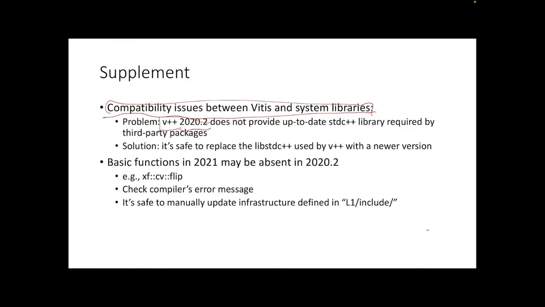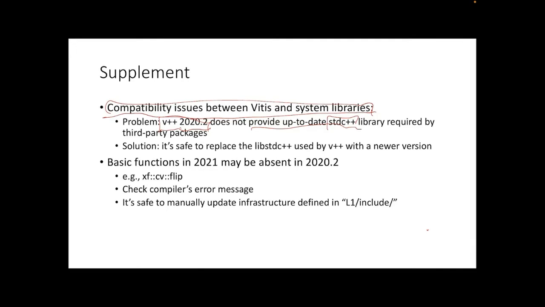In Vitis, its compiler v++ 2020.2 does not provide an up-to-date std C++ library. We found that we can directly replace it with the newer std library, and everything worked just fine. So we are lucky and glad.